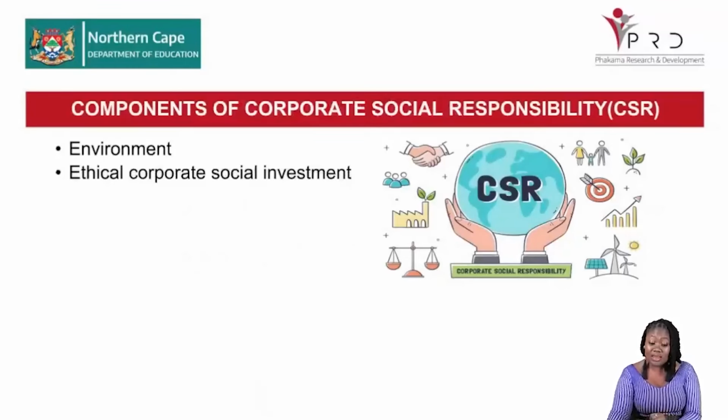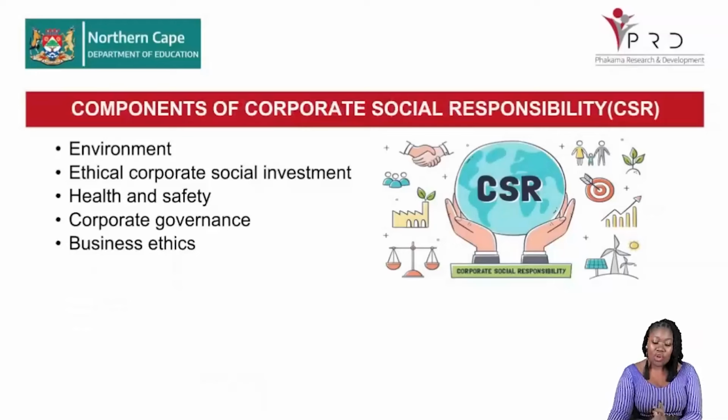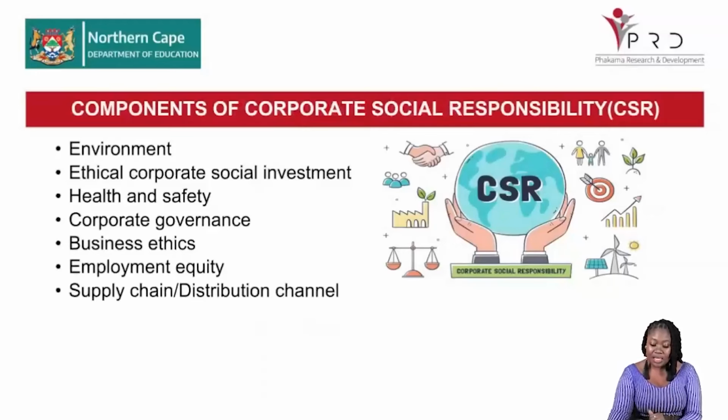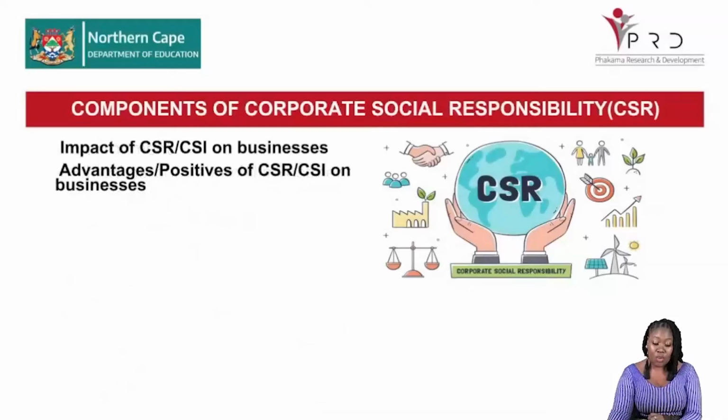You can focus on the ethical corporate social investment. You can also focus on health and safety. You can focus on corporate governance. You can also focus on business ethics, employment equity, supply chain or distribution channel, employees and customers, and also you can focus on the community.